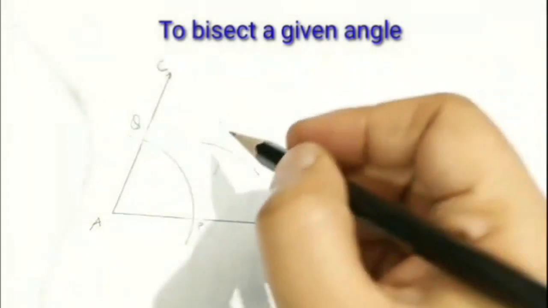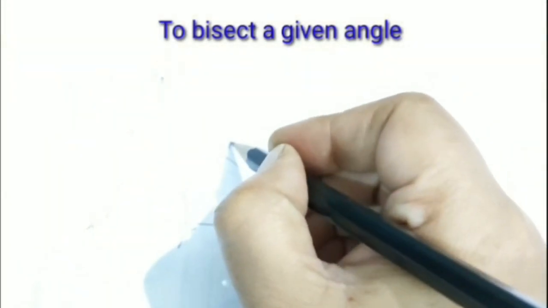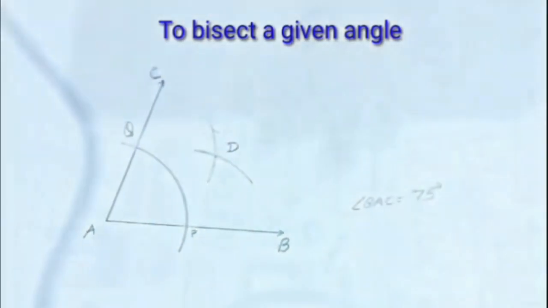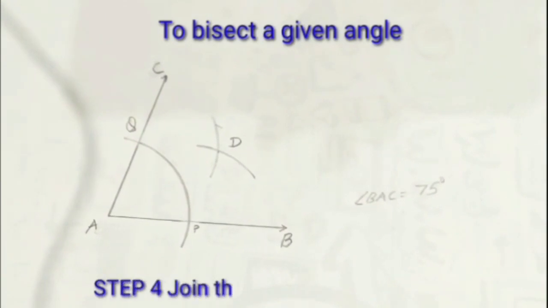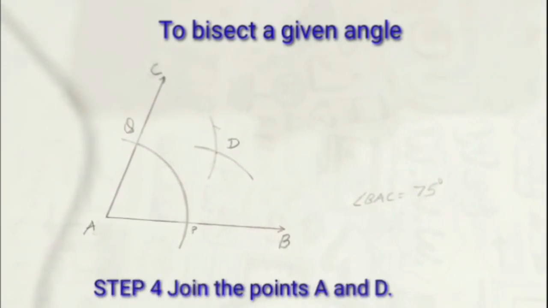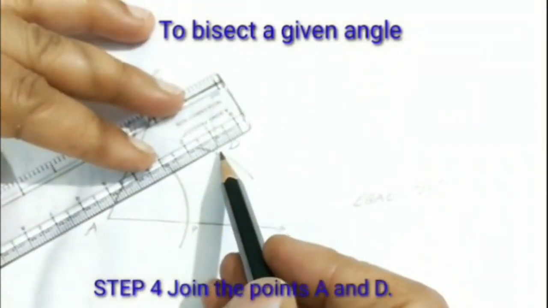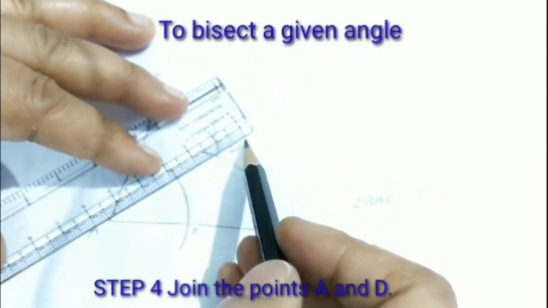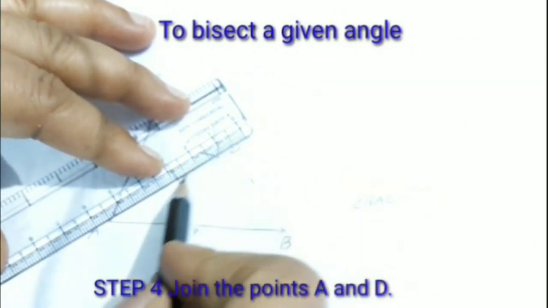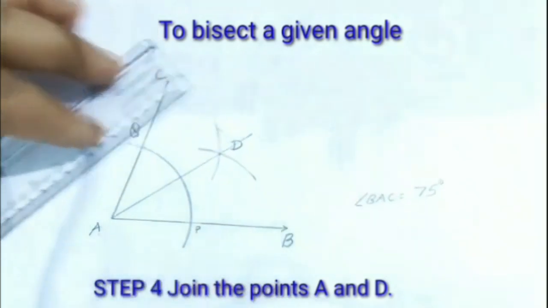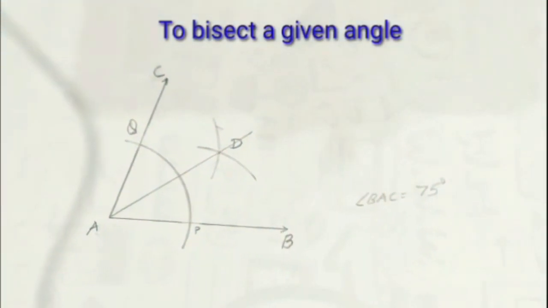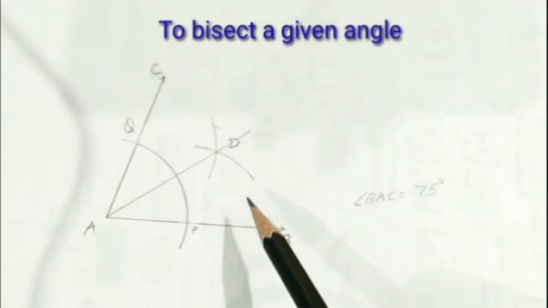The two arcs meet at point D. Step 4: join A and D. The ray AD is the bisector of angle BAC.